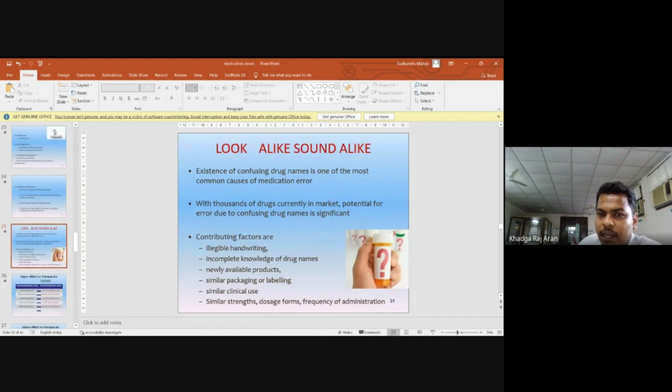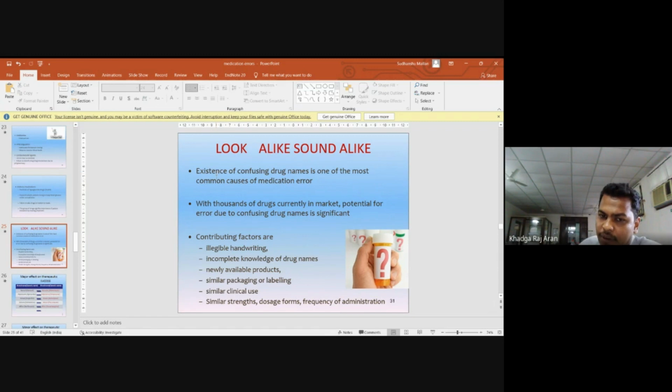So the next heading is look-alike, sound-alike, that is the LASA drugs, where the existence of confusing drug names is one of the most common causes of medication error. With thousands of drugs currently on the market, there is potential for error due to confusing drug names.